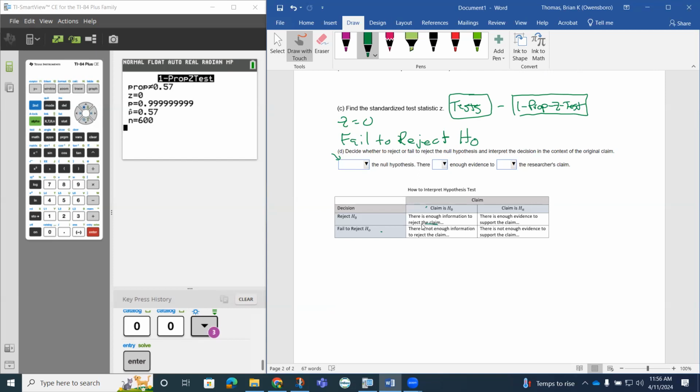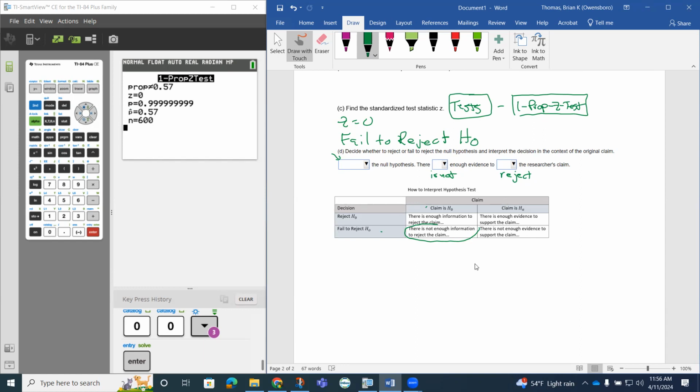So it leads us to say this right here: there is not enough evidence, if you will, not enough information to reject the researcher's claim. Since we're not rejecting, there's not evidence to reject the claim. That's where that leads us. So that's always a little tricky with the wording.